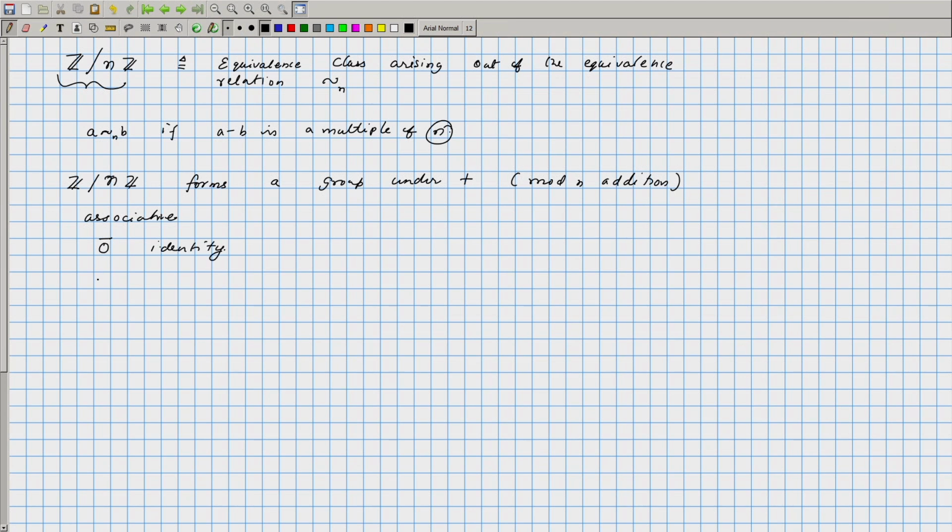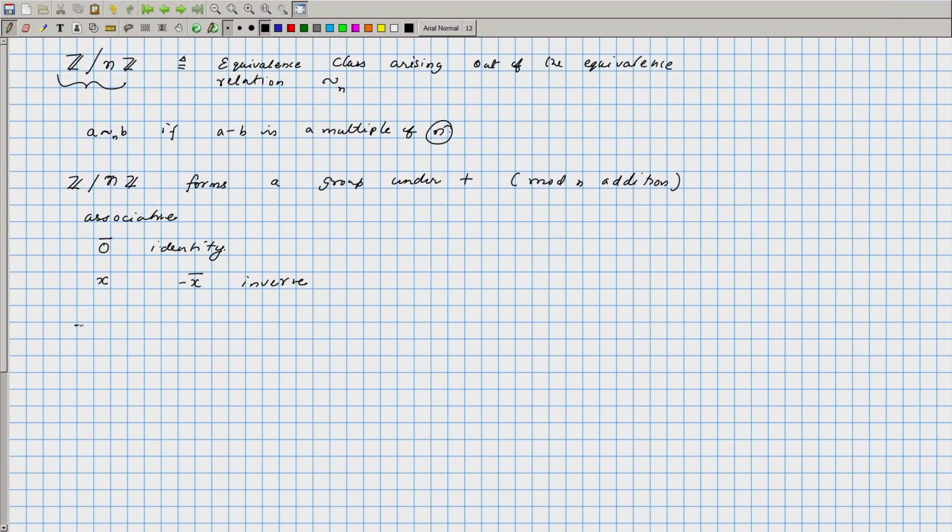For any element x, the equivalence class containing minus x will be the inverse. So we can easily verify the inverse property also. Once you have a finite collection with the operation being associative, and identity and inverse present, we know that it forms a finite group.